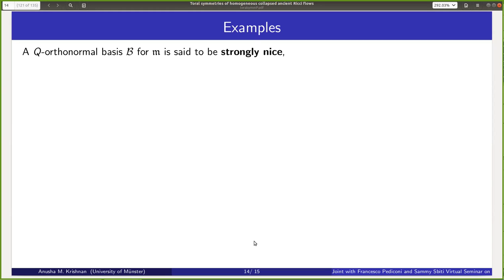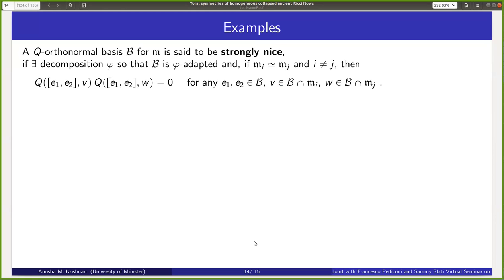We say that a Q orthonormal basis for m is strongly nice if there is a decomposition so that the basis is adapted to that decomposition, and if you have two distinct equivalent modules, then the following holds true: the following algebraic terms vanish.